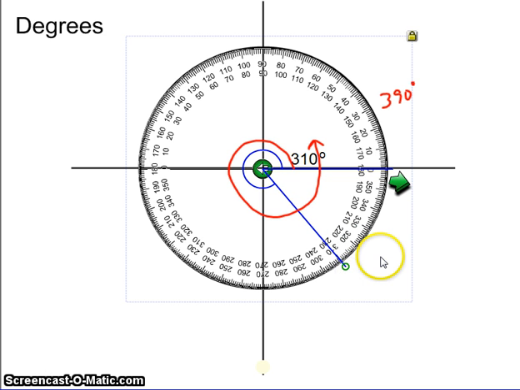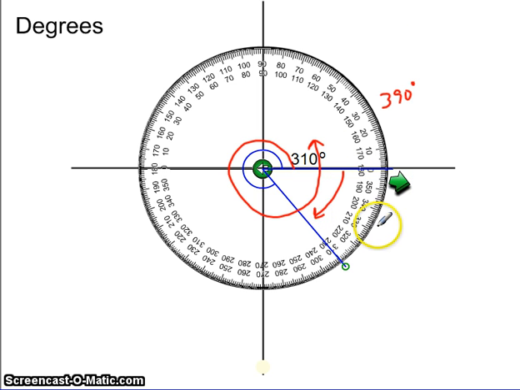So this says 310, but if I went backwards this direction, I could call this a negative 50-degree angle. So we have positive angles going counterclockwise and negative angles going clockwise. Let me draw this one in so we can see that one. We have straight angles, right angles, acute, obtuse, positive, and negative. These are angles in standard position.